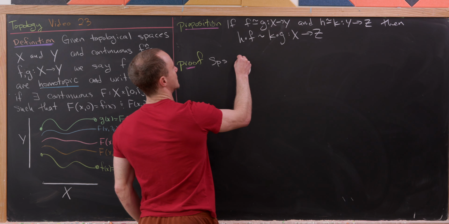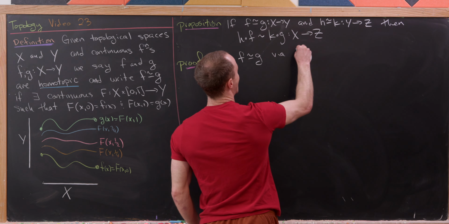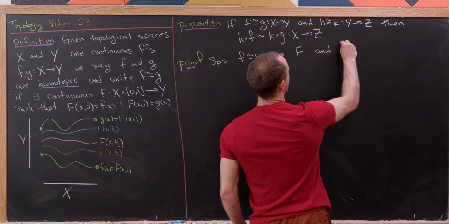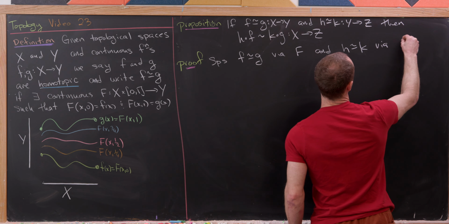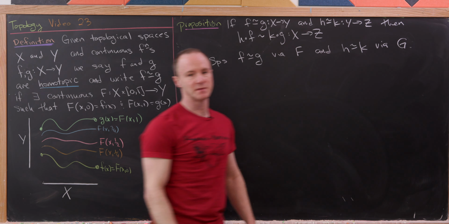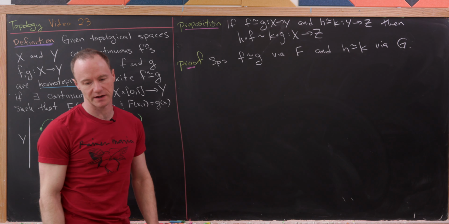Okay, so let's see how this goes. Suppose that f is homotopic to g via capital F, and h is homotopic to k via, maybe we'll call this one capital G. That just means they satisfy this setup over here.